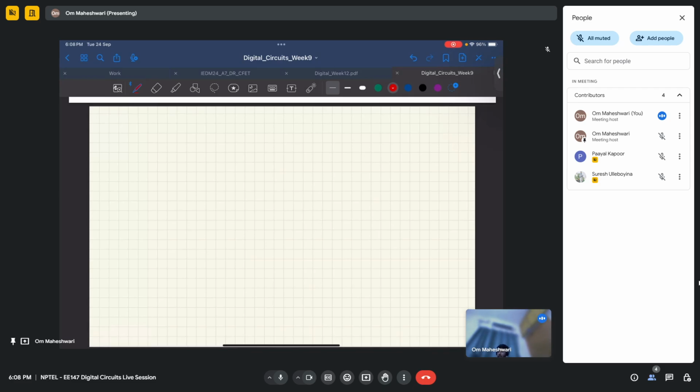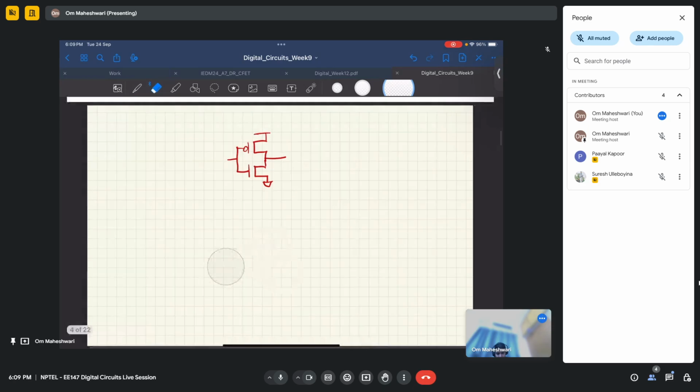An SRAM looks something like this. We have two CMOS inverters. This is an inverter. We also have another inverter, the second inverter.